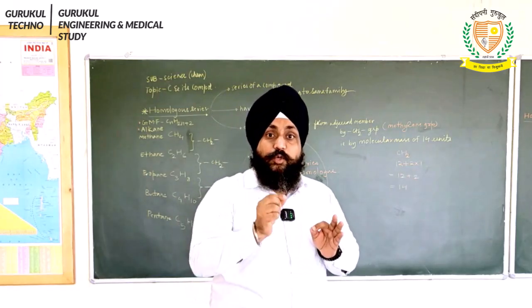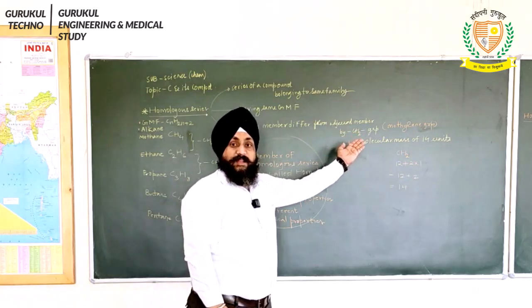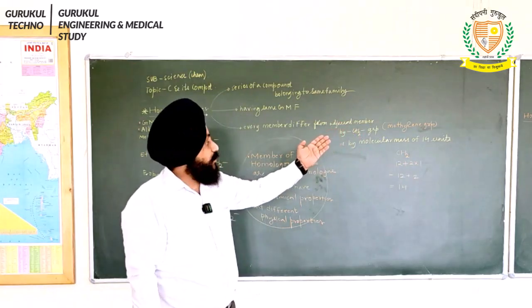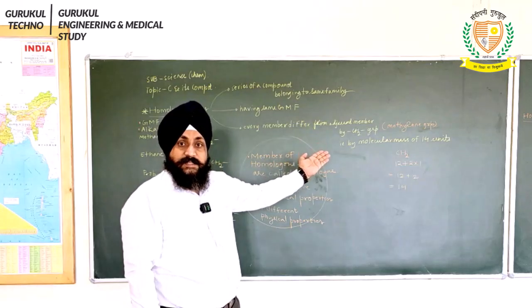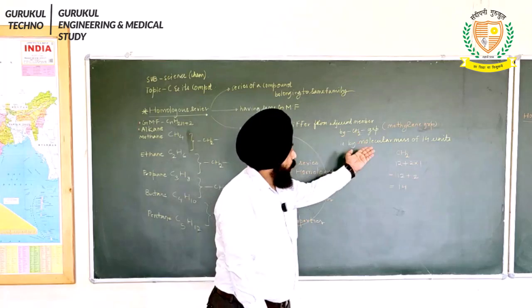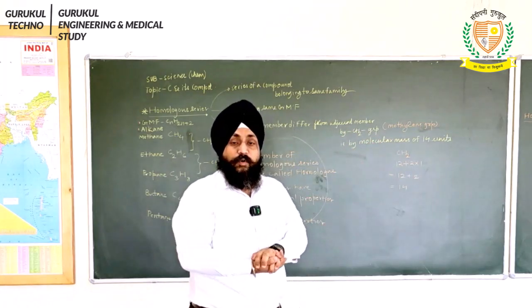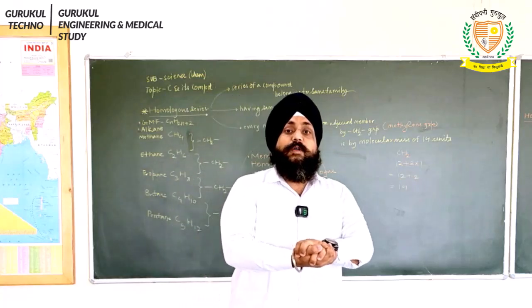They are differing by which group? They are differing by bond CH2 bond group, and that bond CH2 bond group is called which group beta? Yes, it is called methylene group. Bond CH2 bond group is which group? Methylene group.